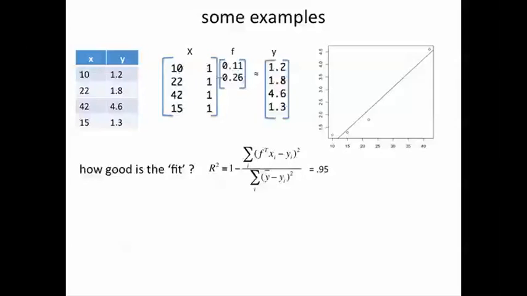Let's take another example. This is an example which is a little bit more realistic. It comes from a book called Super Crunchers, written by Ian Ayres in 2007, which talks about the power of reasoning from data. It's a great book if you want to read it.